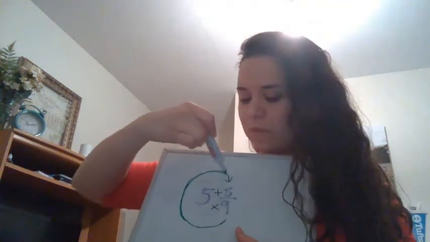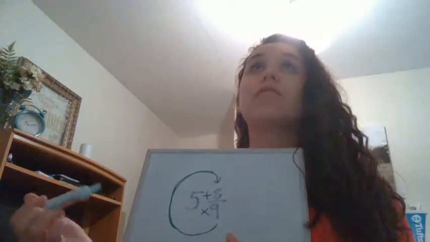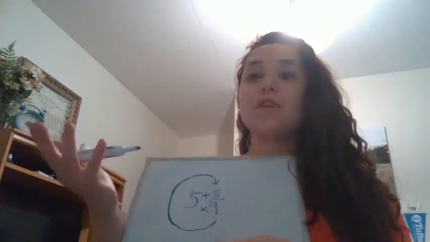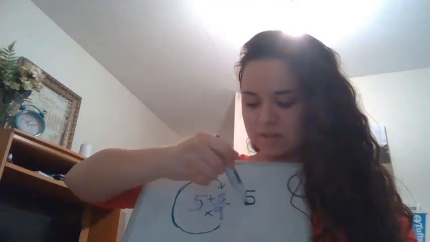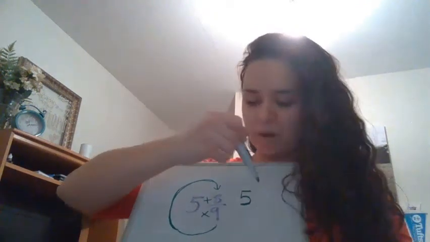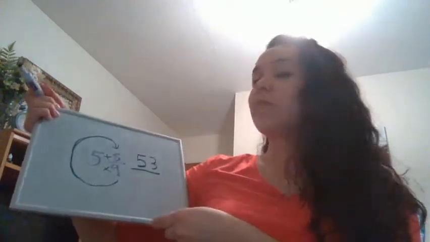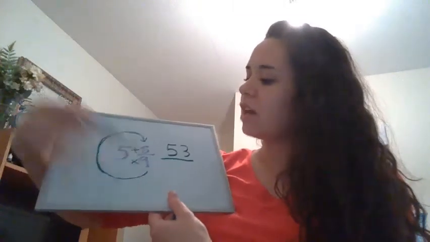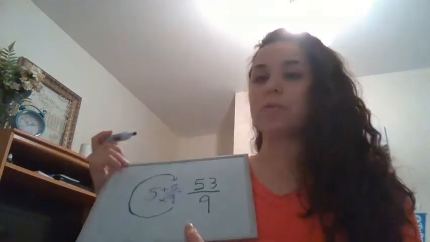Oh, I got to my plus. 45 plus 8 is 53. So I'm going to write my 53. Remember, this isn't the whole number. This is the numerator. And my denominator stays the same. So I'll just keep the 9 the same. And now I'm ready to multiply.